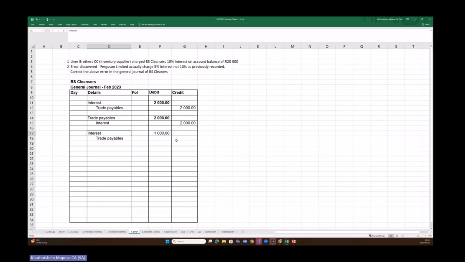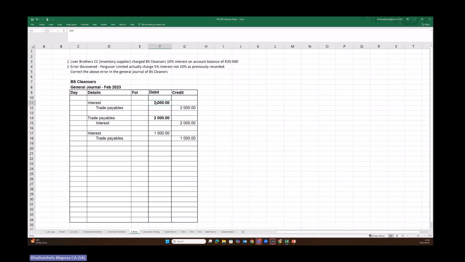So debit interest 1,000, credit trade payables 1,000. Like I said before, I have just chosen to use the general journal to record this transaction. If it was the general ledger, as an example, the T account, we're going to have a T account called interest, and on the debit side we're going to have an amount of 2,000.